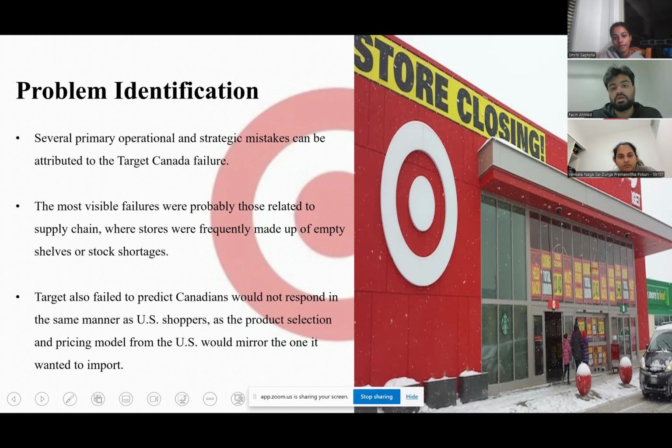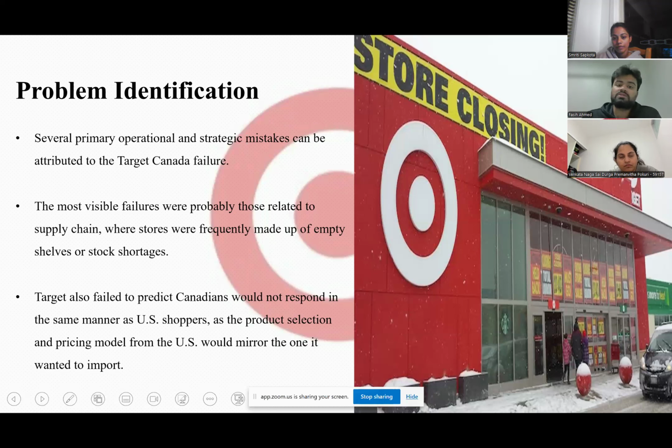Additionally, Target failed to recognize complex local preferences and consumer behavior in the Canadian market. Likewise, the company's pricing strategy was inconsistent and did not match the Canadian consumers' perception of affordable commodities, as prices were sometimes perceived as higher than US equivalents.